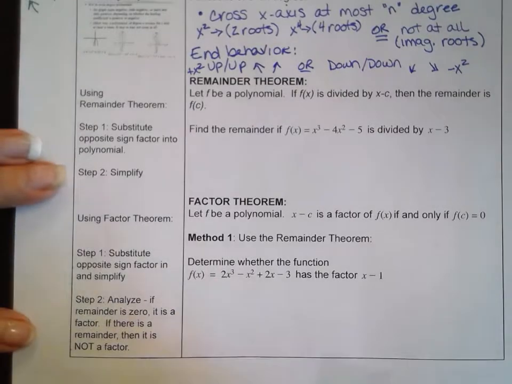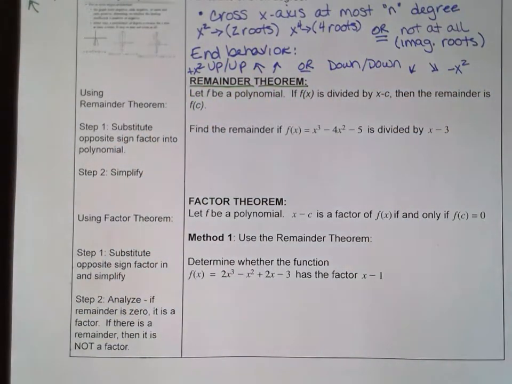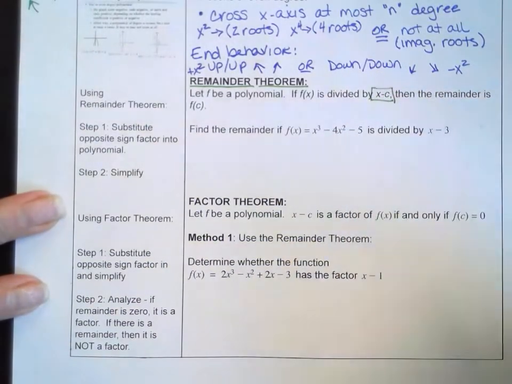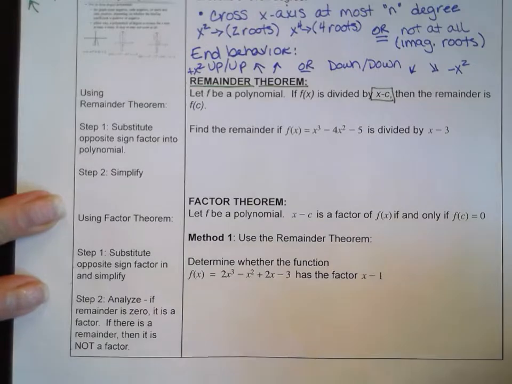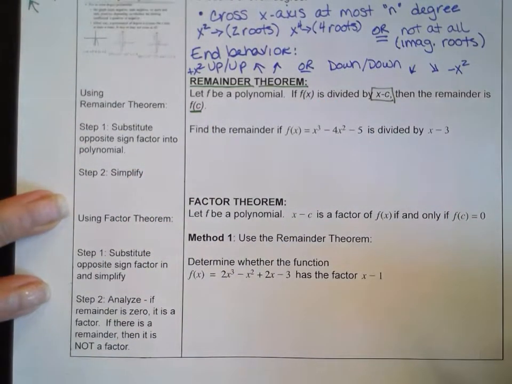Okay, we have what's called the remainder theorem. Basically what it says is that if you divide by x minus c, then your remainder is going to be the result of substituting it in.